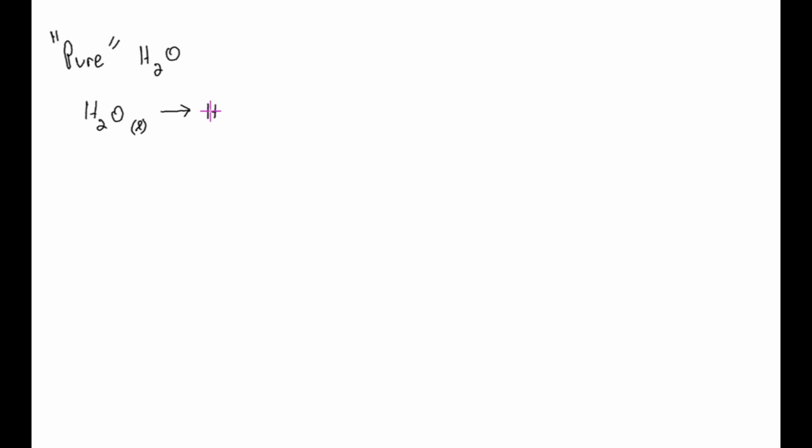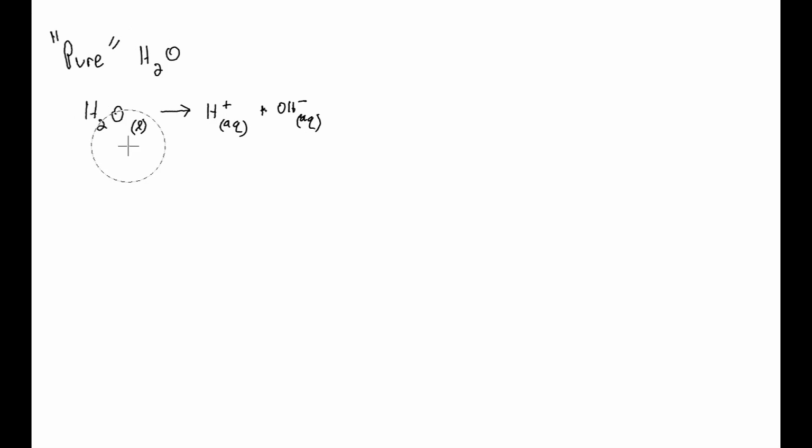And when they do so, you're going to get a small amount of H plus and a small amount of OH minus hydroxide ions. Now, it's a very small amount.